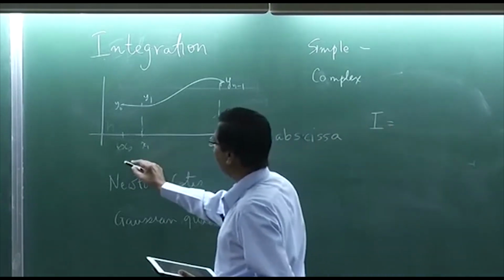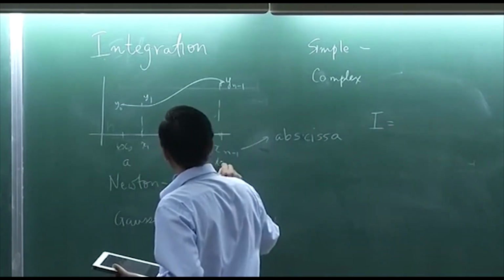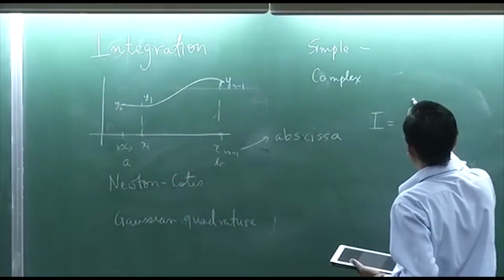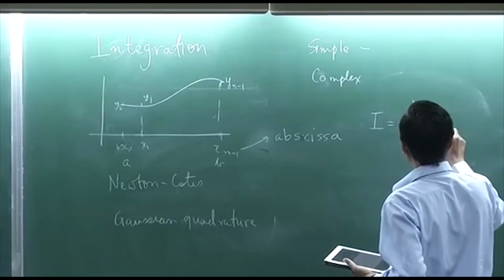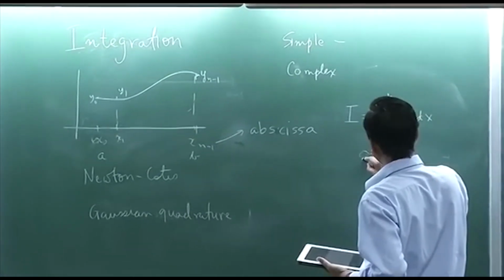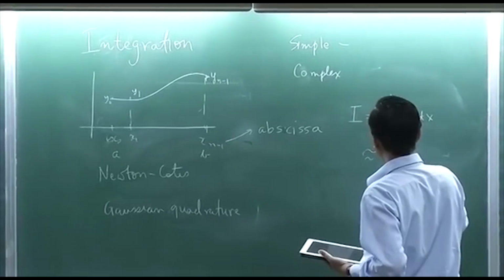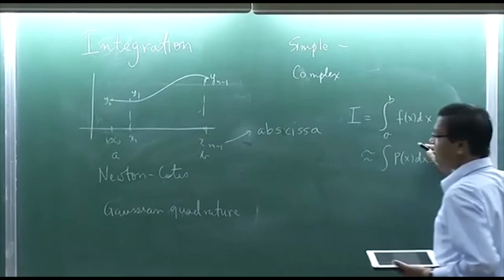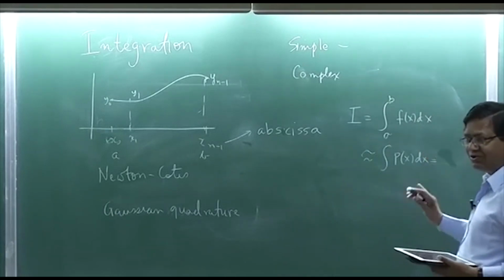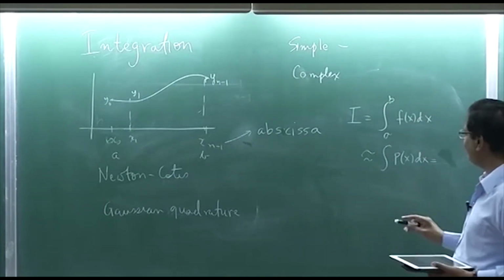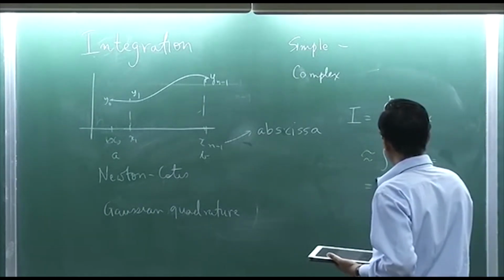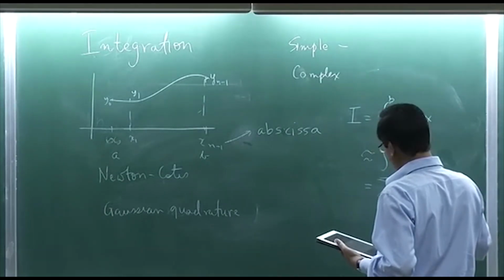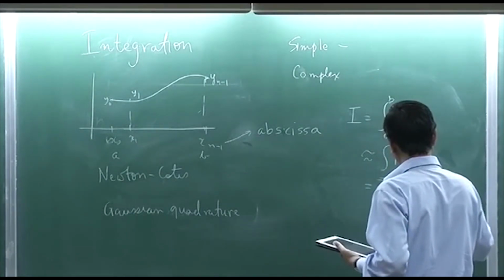So we call this point A and point B, okay. So end points are A and B. So the integral from A to B of f(x) dx is approximated by the integral of a polynomial p(x) dx, and this is going to be written as, this is the standard notation which we follow, equal to the sum of wi f(xi).